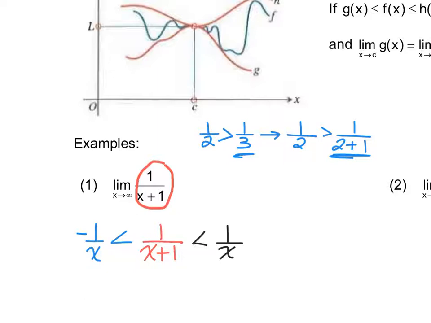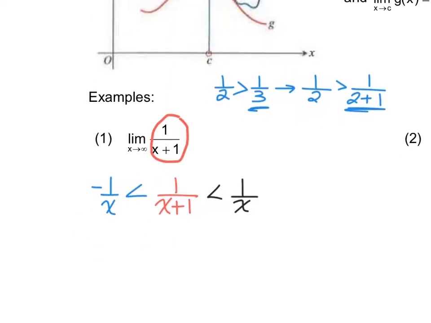All right. Now, the purpose behind this would be to find the limit of the outer bounds. So the limit as x approaches infinity of negative 1 over x, limit as x approaches infinity of positive 1 over x. All right, so I'm just focusing on the outer bounds.